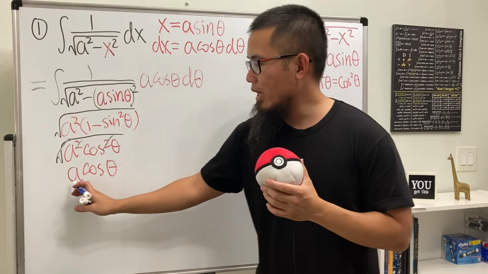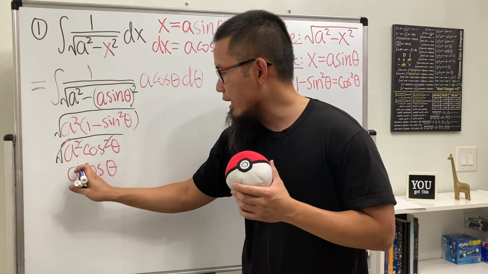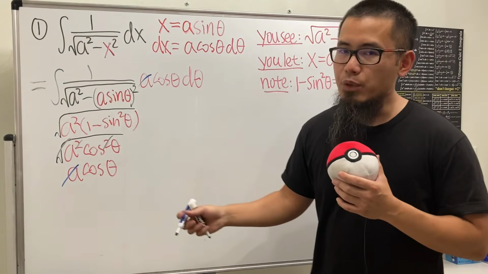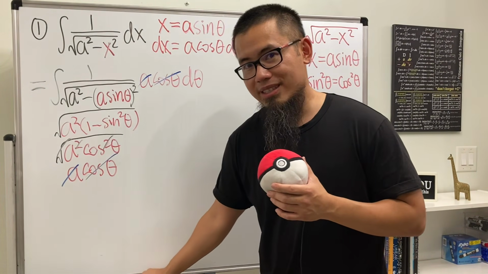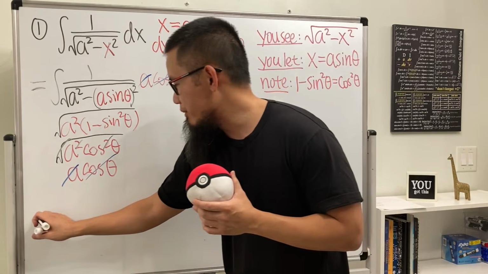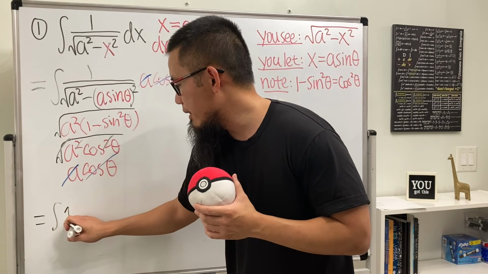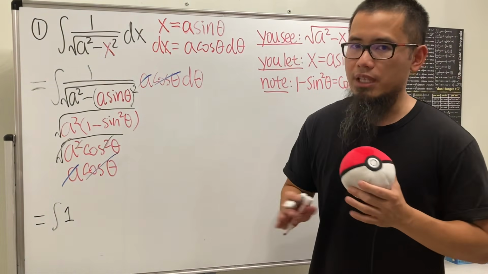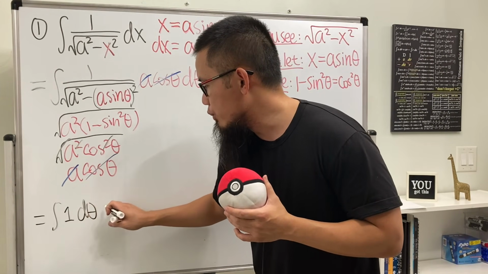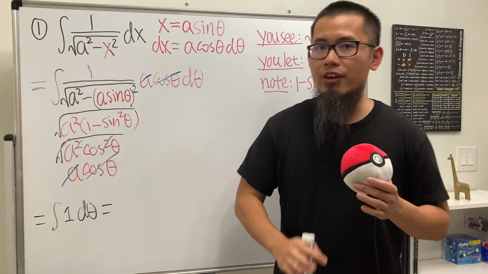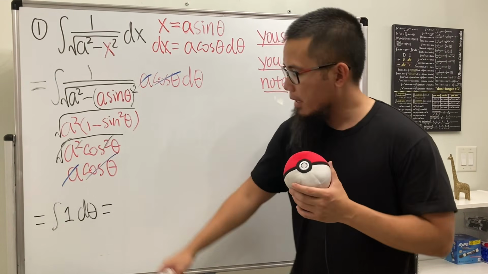Alright, and now here's the best part. A here, and then we have a on the bottom, so we can cancel them out. Likewise, cosine, cosine, cancel each other out. So we actually just have to integrate 1. But the answer for this is not just x, because we are in the theta world. So really be sure to write down d whatever every single time.